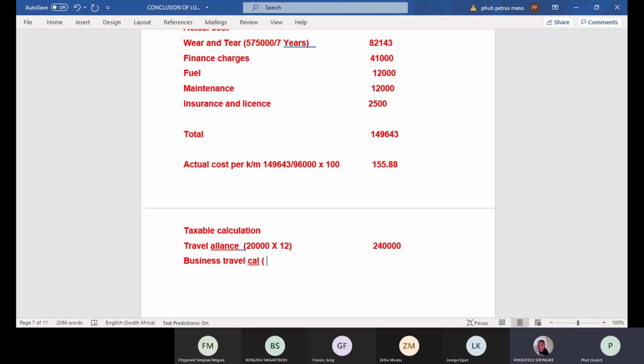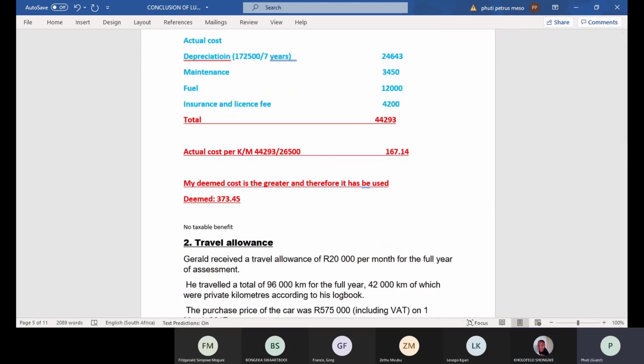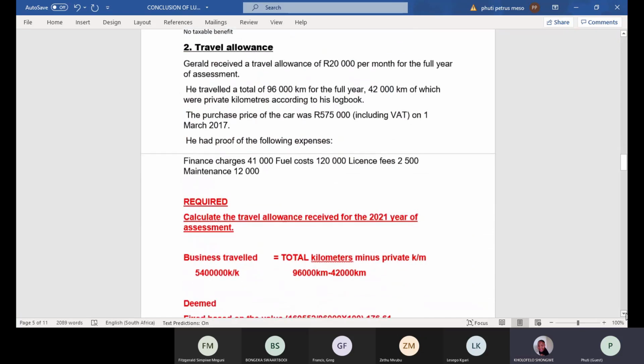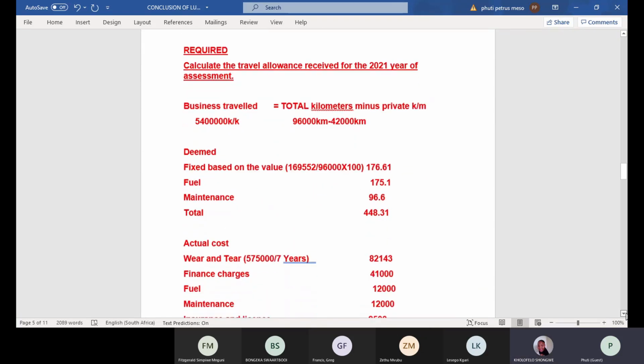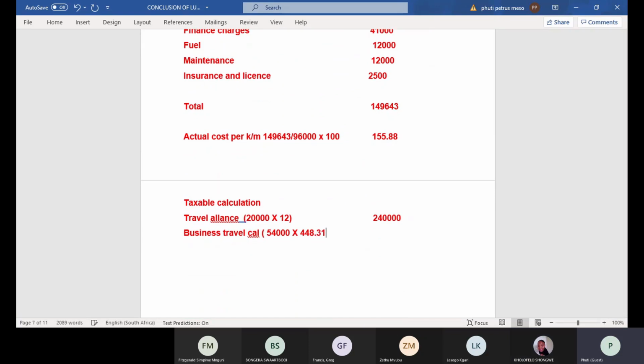It's 54,000, and you multiply by the greater, which is the deemed cost, 448.31. Where did I calculate that? Go down just a little bit. Okay, 448.31.